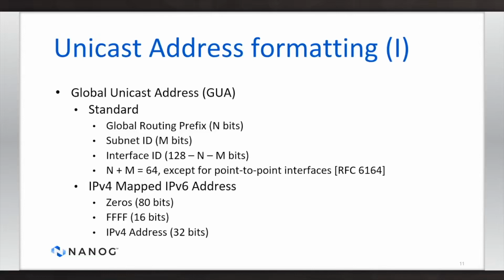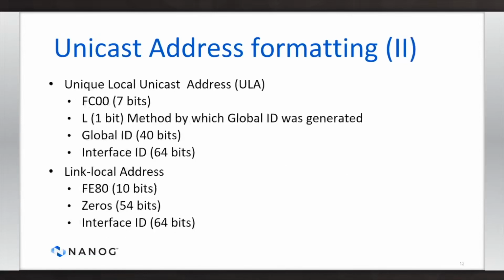We also have IPv4 mapped IPv6 addresses. They start off with 80 bits of zeros, 16 bits of ones, and finally 32 bits of an IPv4 address. ULAs start with FC00, 7 bits, then an L bit that talks about how the global ID was generated. Right now, there's only one way to do it, and I think it's with a pseudo-random number generator or something like that.